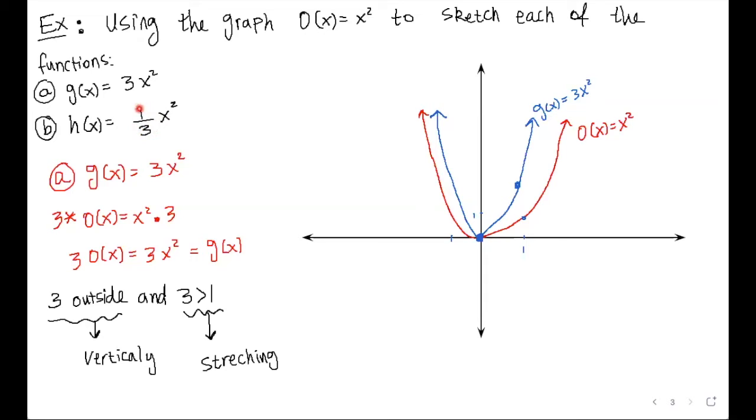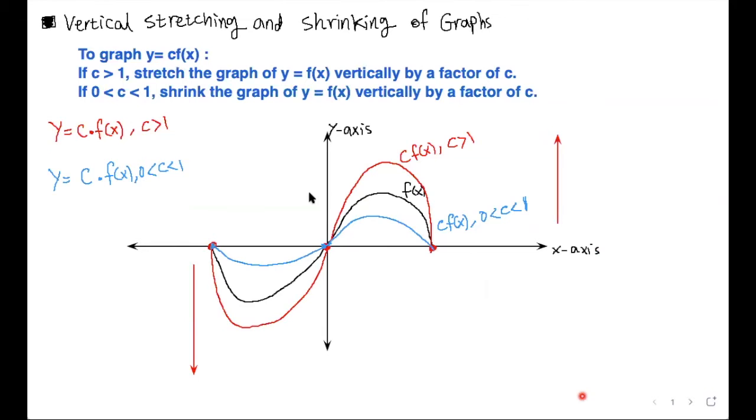It's between 0 and 1. So we go back to the rules. If the number is outside and this number is between 0 and 1, we have to do shrinking for the graph vertically.